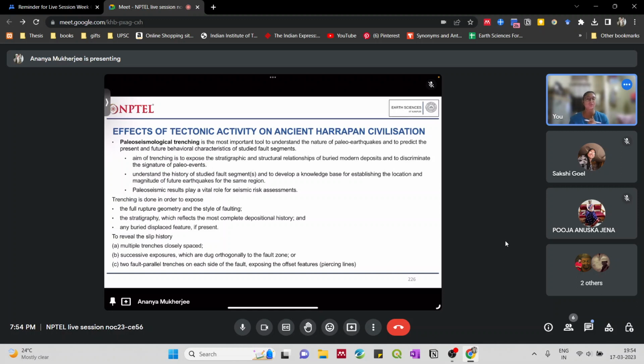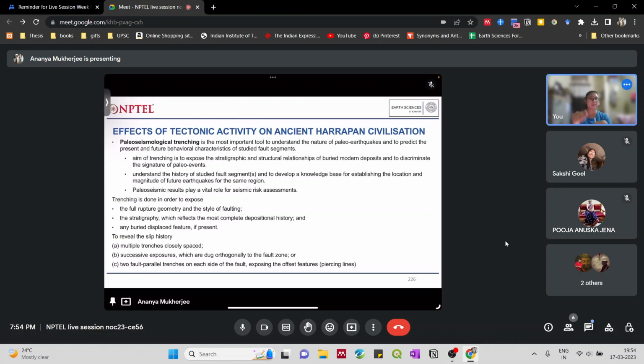The aim of trenching is to expose the stratigraphic and structural features that are buried in a place. Modern deposits have buried all the older signs of such seismic events, and if we do trenching, we get one cross section where you can see all the layers and features, and compare the older paleoseismic features with the modern day features.